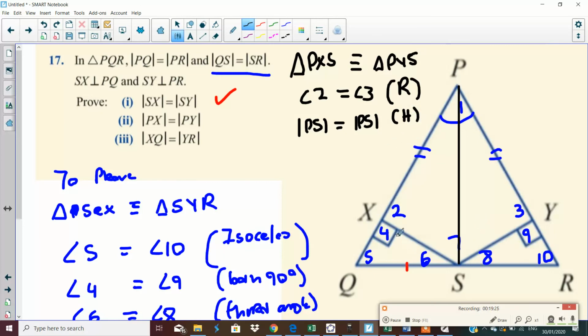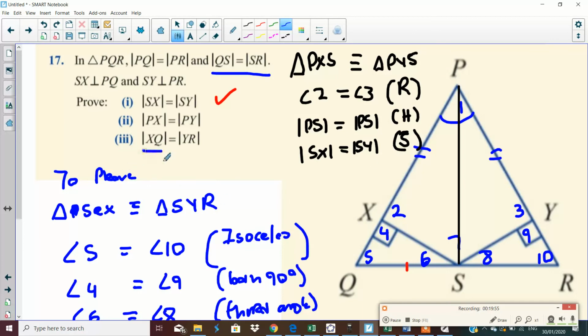And then finally, SX has to equal SY because we proved it in part 1, didn't we? We proved that those two triangles are congruent. So that's SX equals SY. That's one of the other sides. Therefore, we have an RHS. Well done. Better than the one I was coming up with anyway. Everybody cool with that? Therefore, PXS is congruent to PYS.